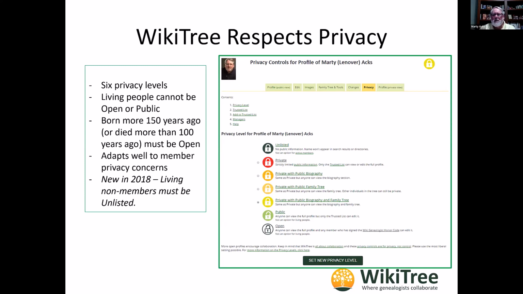Generally, if there's a story that could hurt living people by being out there, it's legitimate to protect that person, or make that person more private. We've had some people that just want to treat WikiTree as their private database, and everyone they put in that's born 150 years ago or earlier, they want all those to be private. That's really not in the spirit of the privacy.